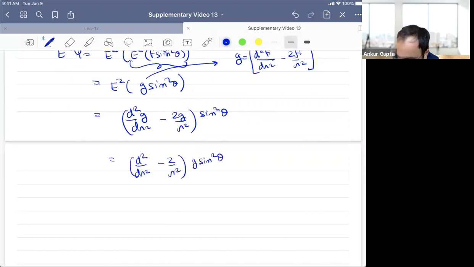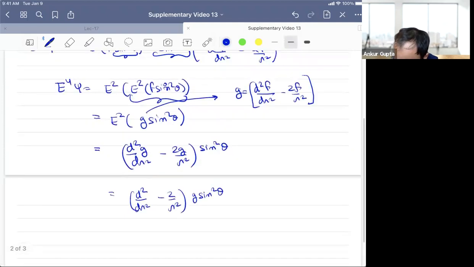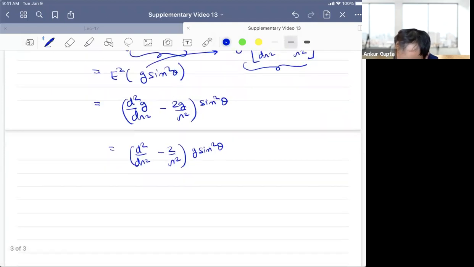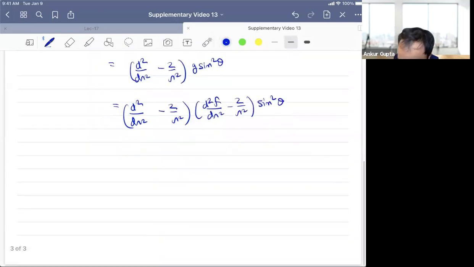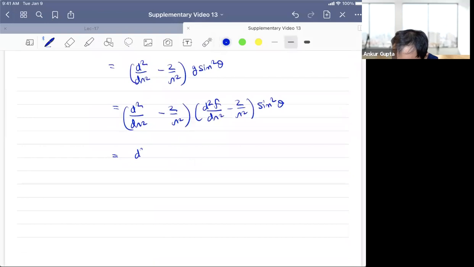And now G itself is this function given here. So this becomes (d²/dr² minus 2/r²) of (d²f/dr² minus 2f/r²) sin²θ. And finally, this becomes (d²/dr² minus 2/r²) whole squared of f, with a sin²θ there.